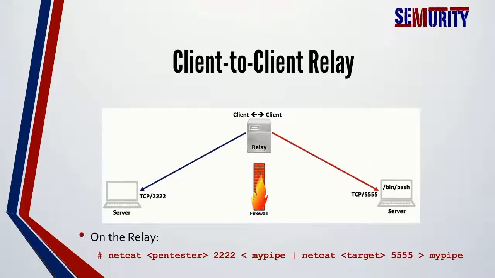The final type of relay that netcat can do is client to client. A client to client relay means both netcat instances over here are going to be clients connecting to other servers, which means the following: our penetration testing system is going to be listening on a port, and the first netcat instance on the relay is going to connect to our server.